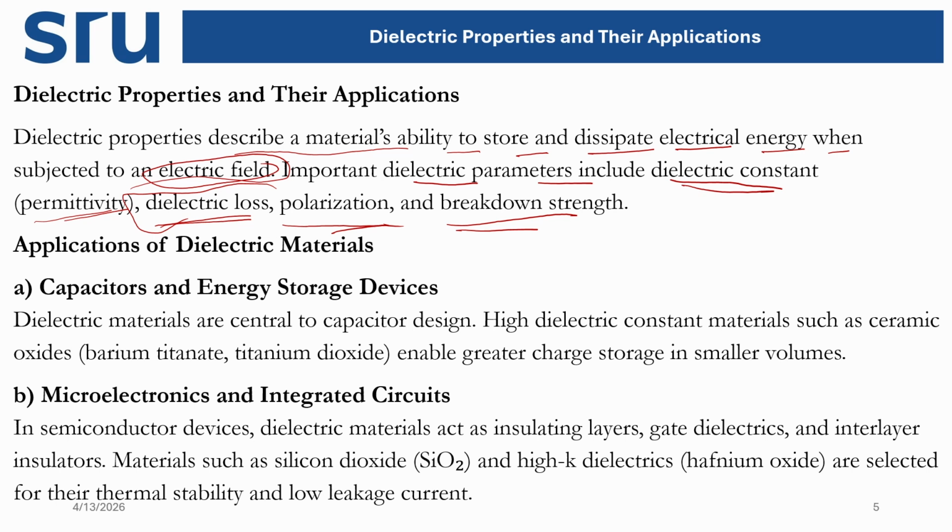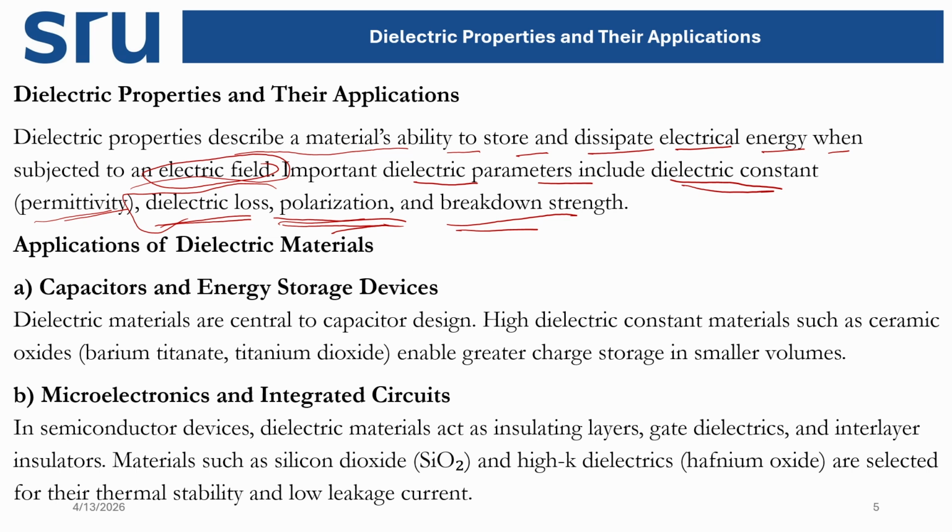For a good dielectric compound, the dielectric loss should be low. This is one property. The polarization property: when we apply an electric field to the system, a dipole moment is created in the molecules inside the unit cell. That is called polarization. If polarization is not created, it means the material is not interacting with the electric field.